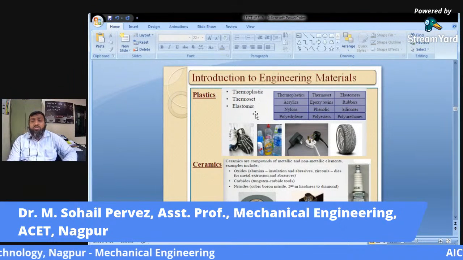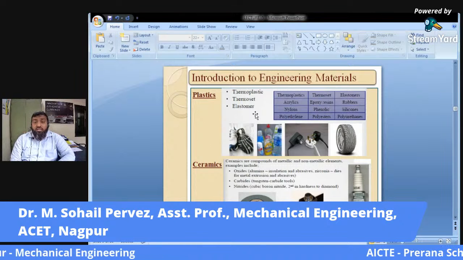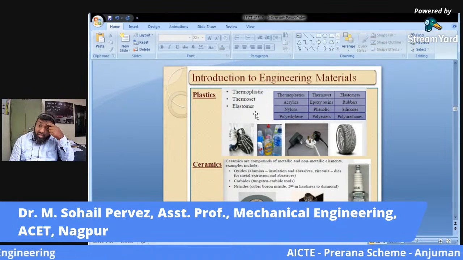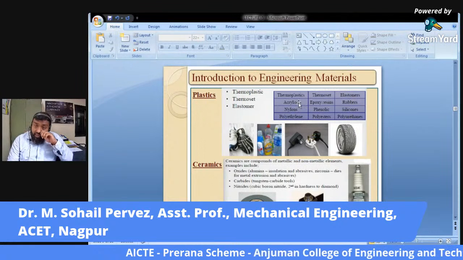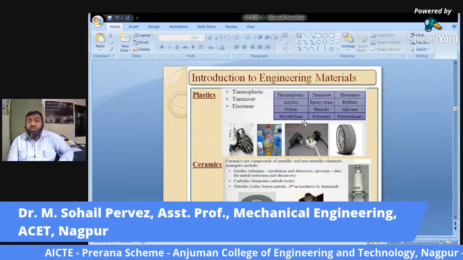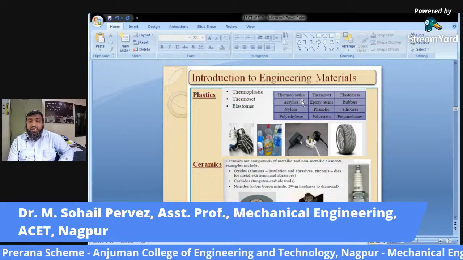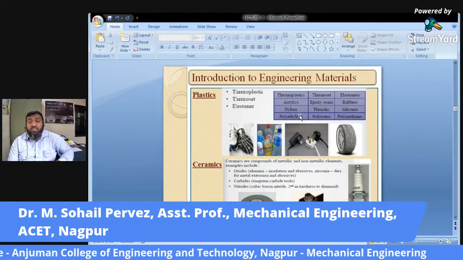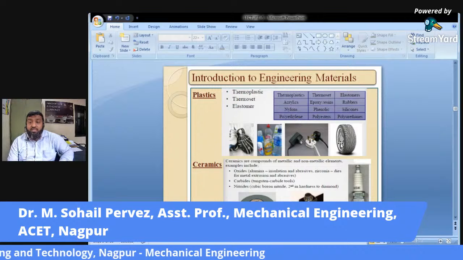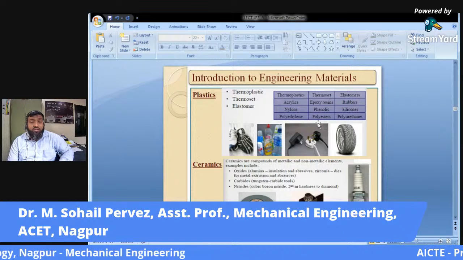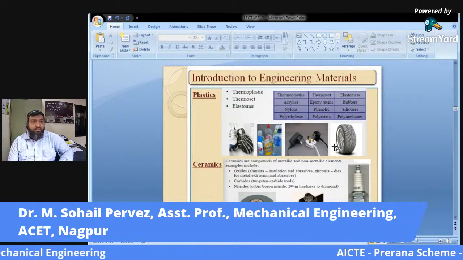So thermoplastic, thermoset, and then elastomers. These are the three basic types, where I have simply mentioned the names which are much familiar to us. Acrylic is a thermoplast. Nylon, thermoplast. Polyethylene, thermoplast. Thermoset: epoxy resins.